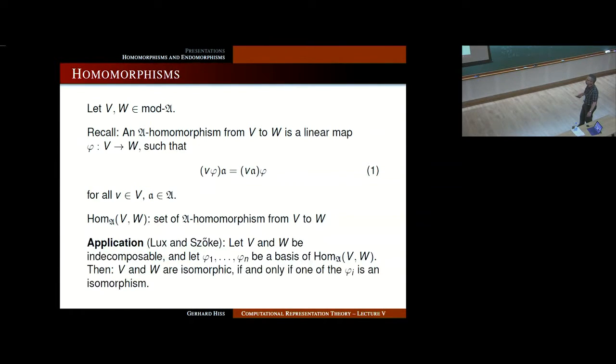They are isomorphic if and only if one of the phi is an isomorphism. Of course, if one of these is an isomorphism, they are isomorphic, but the crucial point is the other way around. If they are isomorphic, then in any basis, there must be an isomorphism.